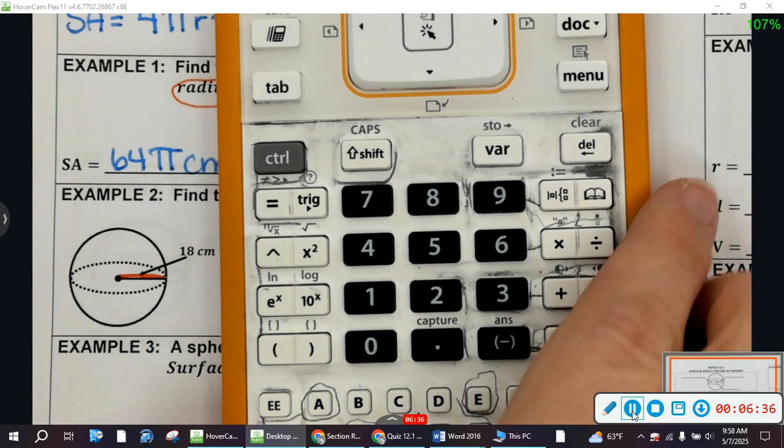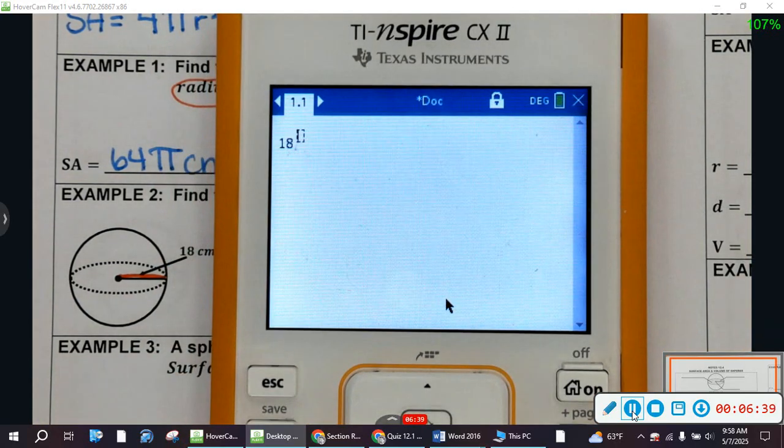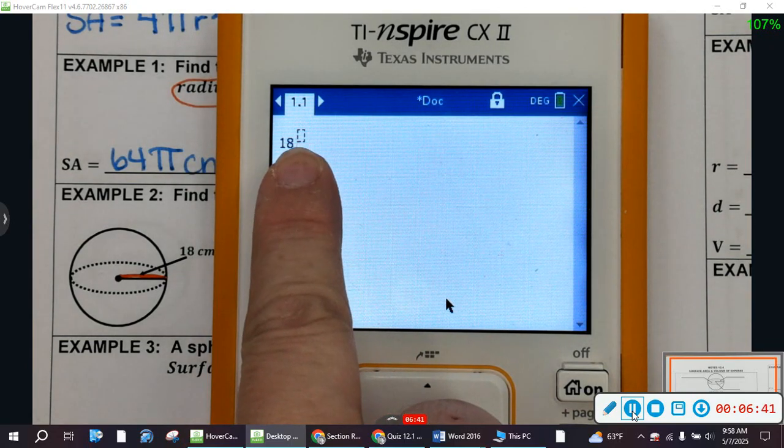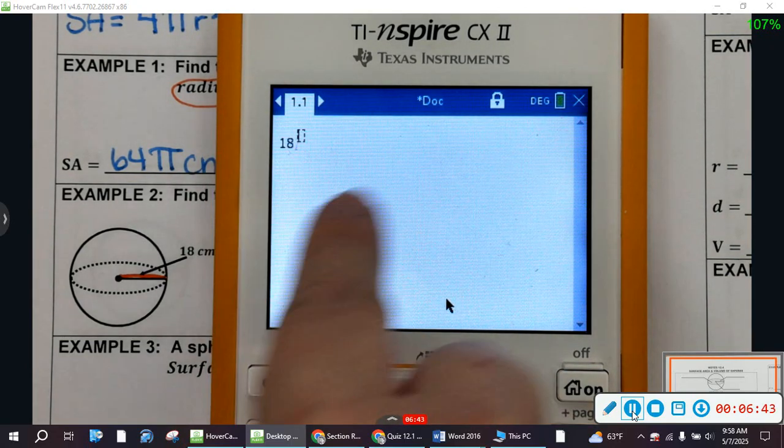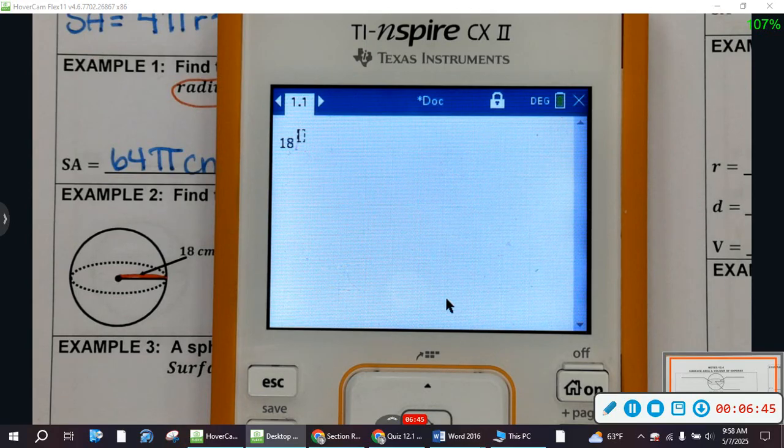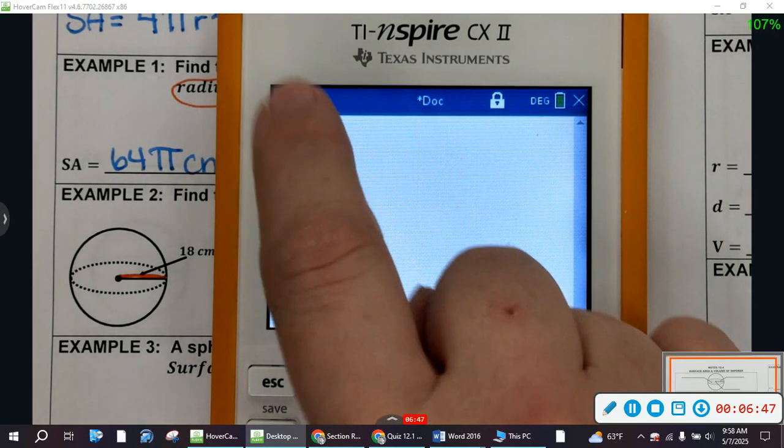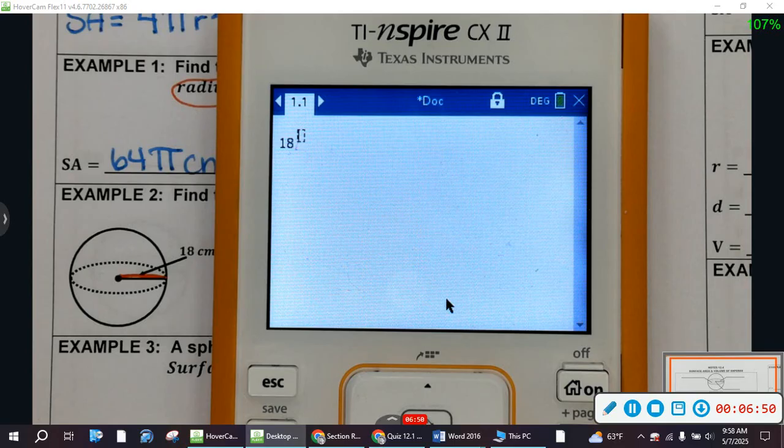So you're practicing typing this in. Notice the caret top puts you up in the exponent. So when you go to those Algebra 2 classes and so on, up here, the exponent, you can make it a 3 for cubed. You can make it 4, 5, anything that you want.